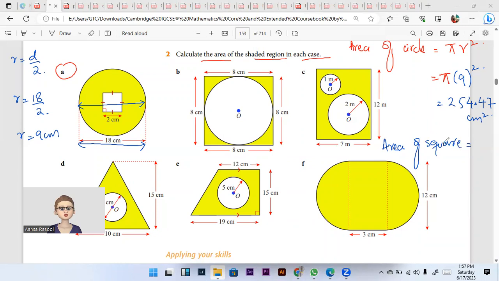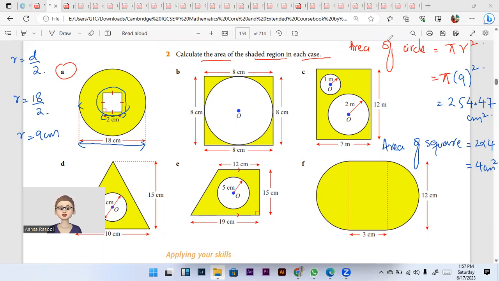Area of square, you know that it's length times length. So if we subtract this part, the area of this square part will be 2 into 2, that is 4 centimeter square, and I will get the area of the shaded region.